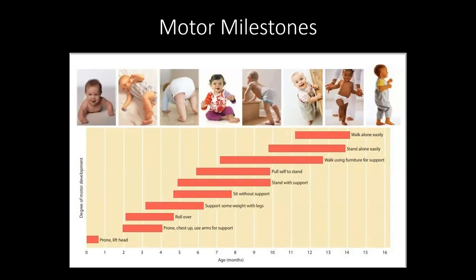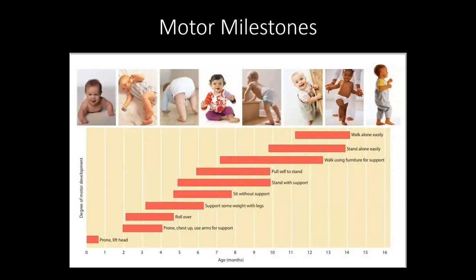When babies are first born, they've got pretty much no control over their head. Over the course of the first couple of months, they start to develop more control and more strength in their neck muscles so that they can lift their own head and hold their head still while they're sitting up, and even when they're being held.